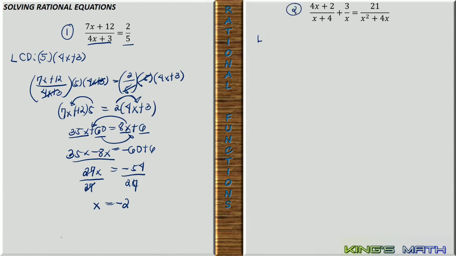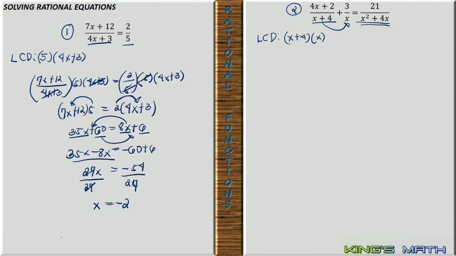Next example, number 2. First step is we're going to determine the LCD. In this example, if you multiply these denominators, x plus 4 and x, we get x squared plus 4x, so we can have the LCD as x plus 4 times x. And then we're going to multiply this LCD again to both sides.